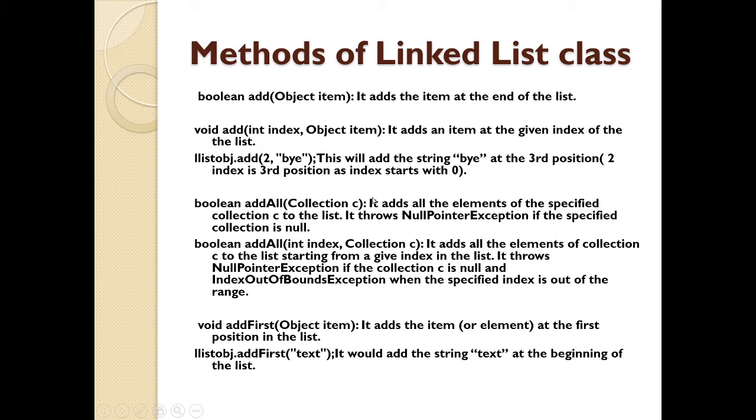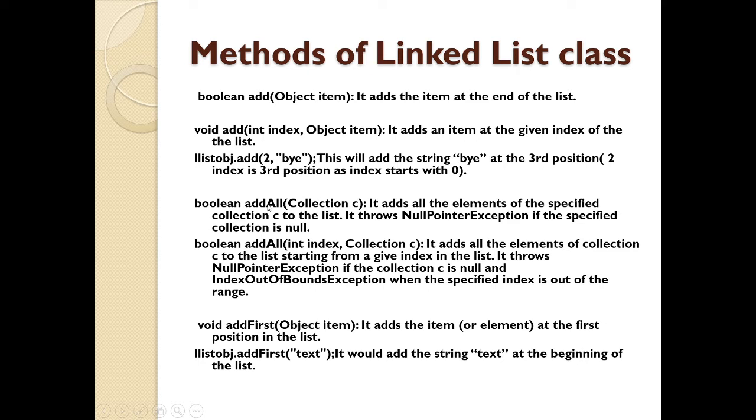Then if I want to add an entire collection, let's say I have created a collection in an array list or in a vector or any other data structure, and I want to add all the elements present in that particular collection in my linked list. For that, I use a method called addAll. So addAll will add all the elements which are present in the previous collection, and then I can add it in the new collection.